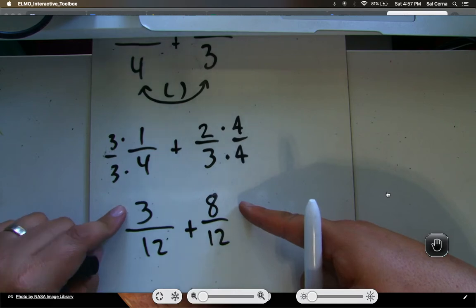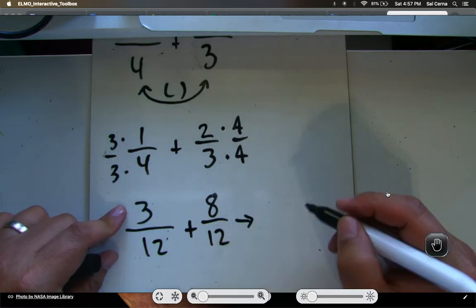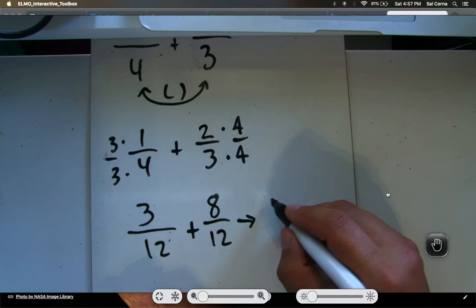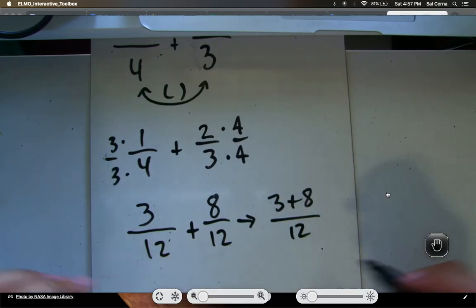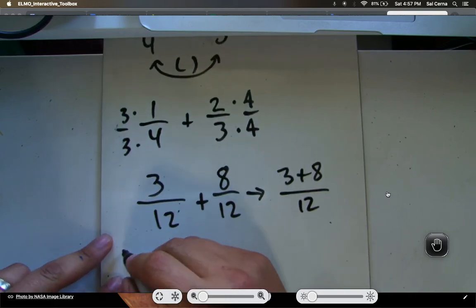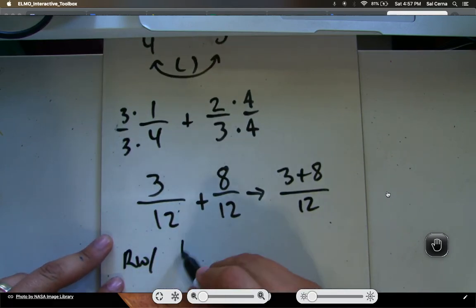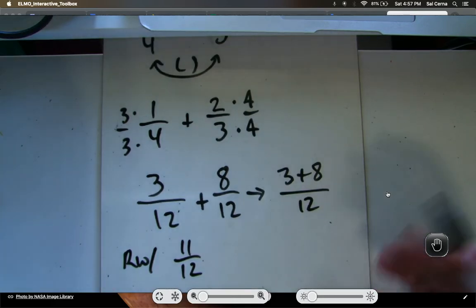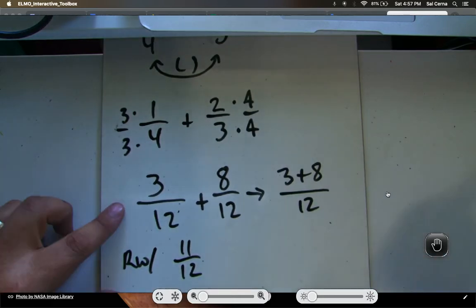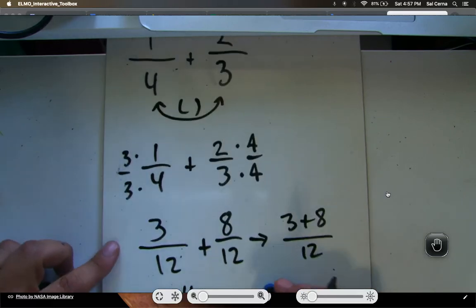Now I can go ahead and add the numerators. So 3 plus 8 divided by 12. I rewrite my final expression, 11 over 12. If I could simplify, I would do it. Since I can't, I am done. That's the basic concept we're going to use.